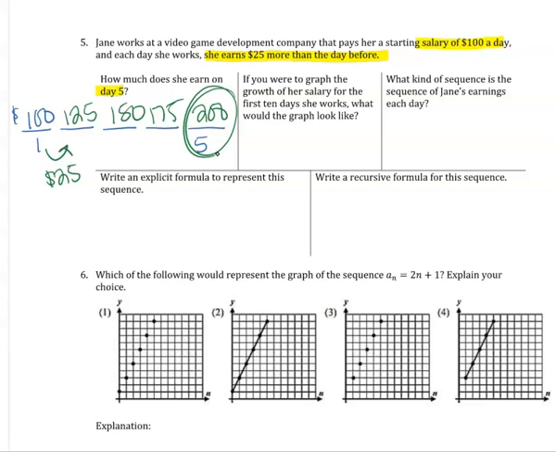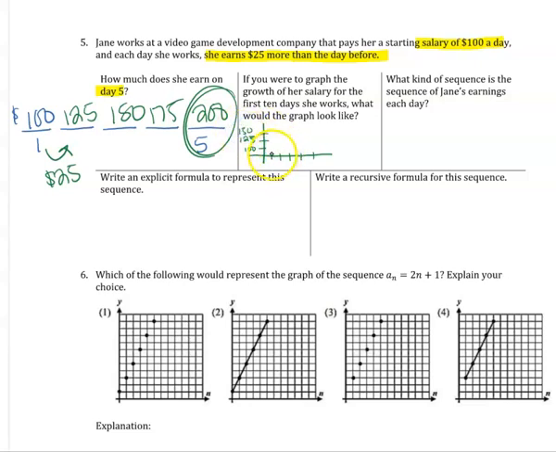If you were to graph the growth of her salary for the first 10 days, what would that graph look like? Well, let's do a little sketch here. 1, 2, 3, 4, 5. 100, we'll say 125, 150.